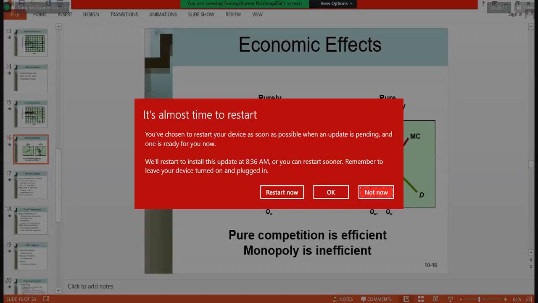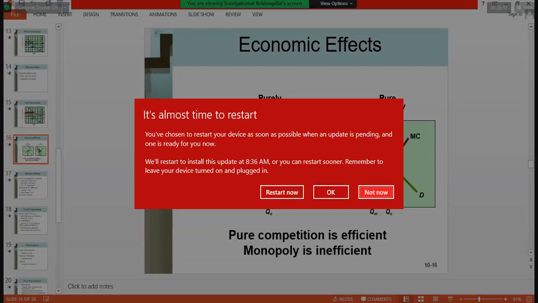Allocative efficiency happens where price equals marginal cost, at the level QC, but the monopoly produces less than QC. So in the monopoly market we are not achieving allocative efficiency, because price is greater than marginal cost. The price is PM, and marginal cost is below the price. So there is no allocative efficiency.